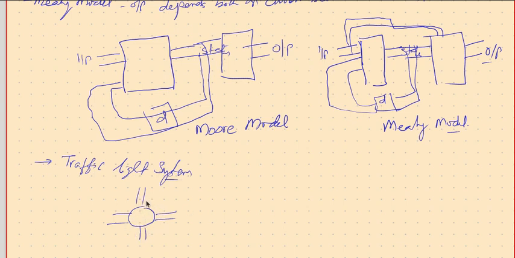So at each road there will be traffic signal indicators, which are made of three lights: red, orange, green. So if I just say this is 1, this is 2, this is 3, this is 4, then there will be red 1, orange 1, green 1, red 2, orange 2, green 2, red 3, orange 3, green 3, red 4, orange 4, green 4.